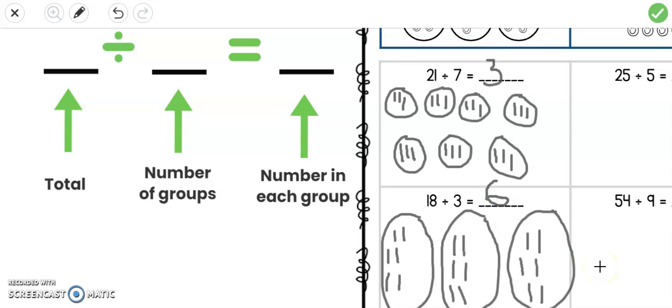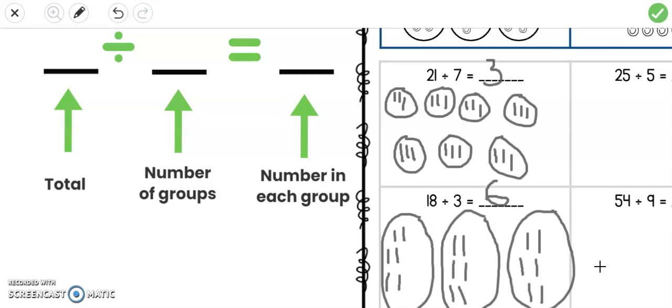And you'll notice that when we're done with our picture, it looks like a multiplication picture. It looks like a model of equal groups. And that's because multiplication and division are related. And both are dealing with equal groups. But how we form those equal groups is the difference.